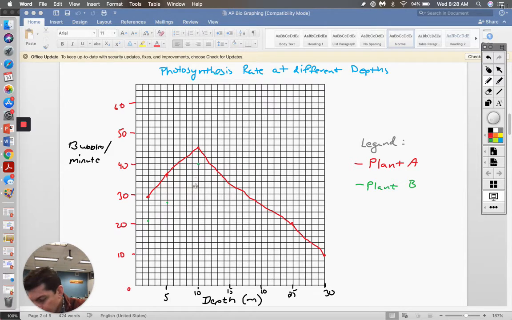At 16, it was 50. At 25, we started to decrease. It's at 34. And then at 30, it was 20. Okay. Connect these guys together.